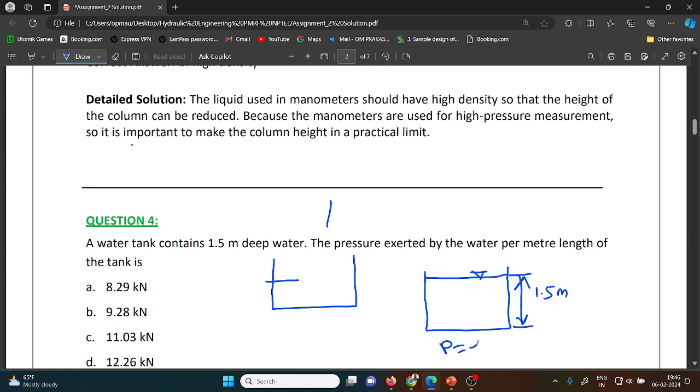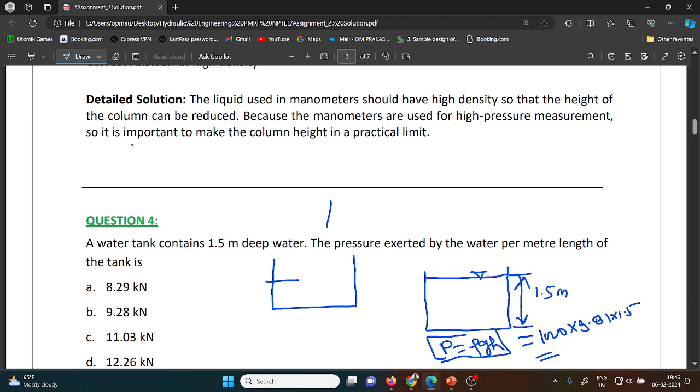So only the formula rho g h will be used, but here it is not asking for Newton per meter square, it is asking about per meter length. Just a little bit of a twist in the question, that is 1000 into 9.81 into 1.5.